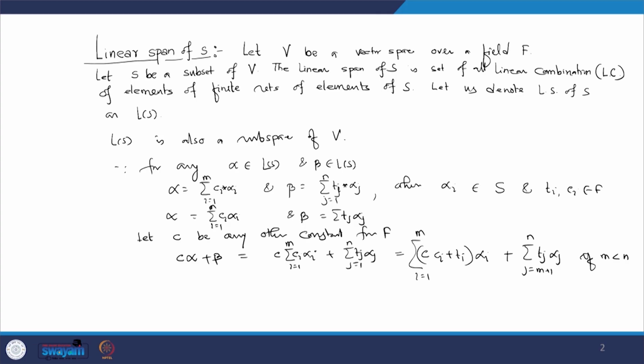So, this implies that C alpha plus beta also belongs to LS. So it is a subspace of the vector space. Linear span of S is also a subspace of the vector space V.